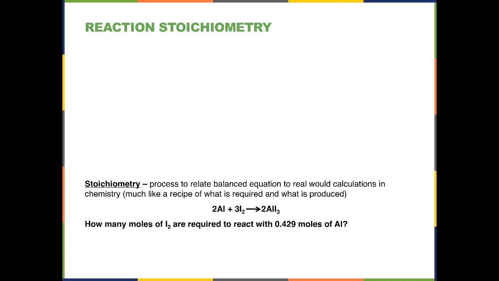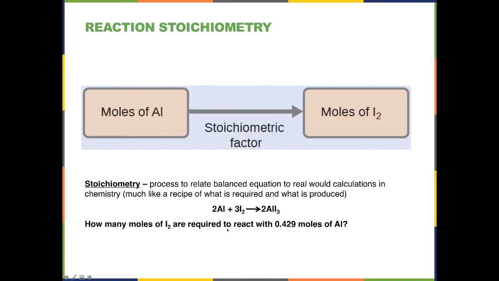So if we were to ask the question, how many moles of iodine are required to react with this kind of weird number, 0.429 moles of aluminum, well, how would we do that? Remember I talked about the stoichiometric ratio. You look at the moles of aluminum, use the stoichiometric factor, and it produces the moles of iodine.